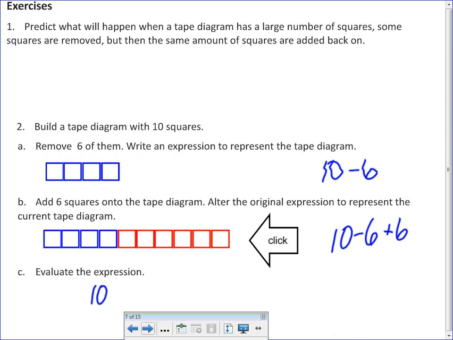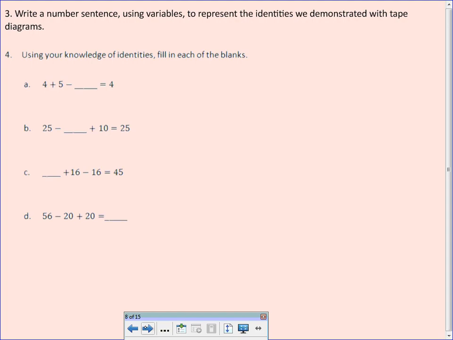Now that we see what it means, let's try it. So 4. Okay. 4 plus 5 minus what will give me 4? 25 minus what plus 10 will give me the identity of 25 back.